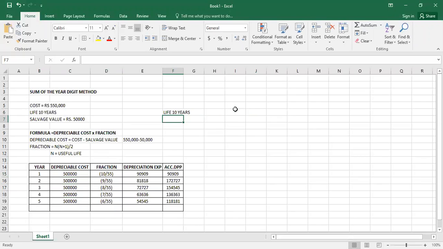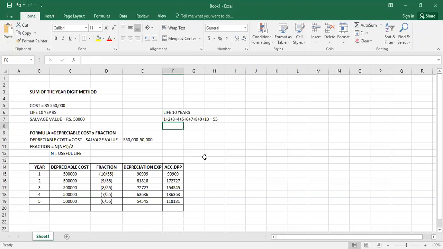The first one is to calculate from 1 to the value of life given here: 1 plus 2 plus 3, and so on till 10. And the value will be 55.